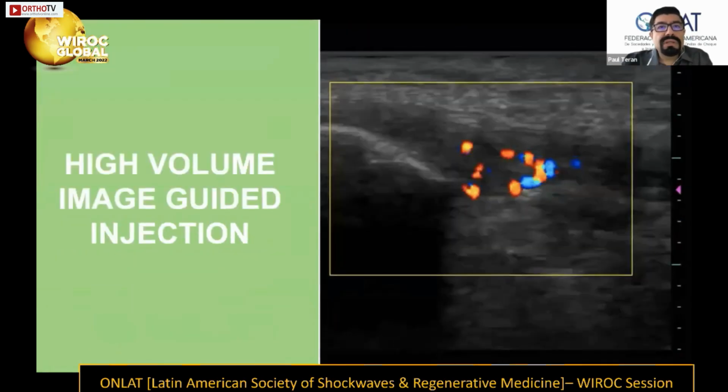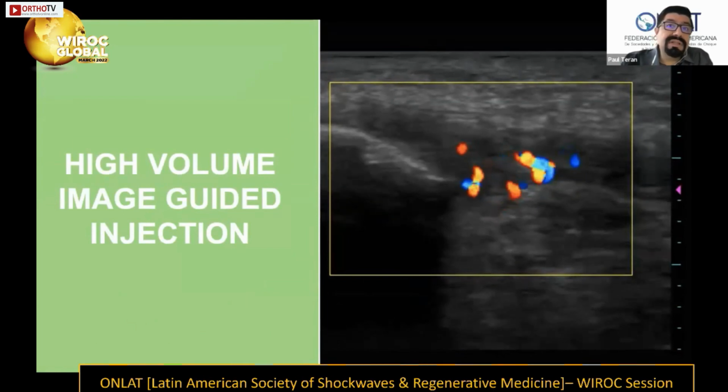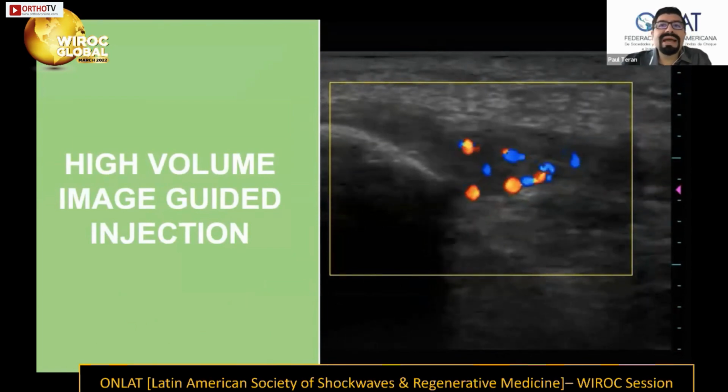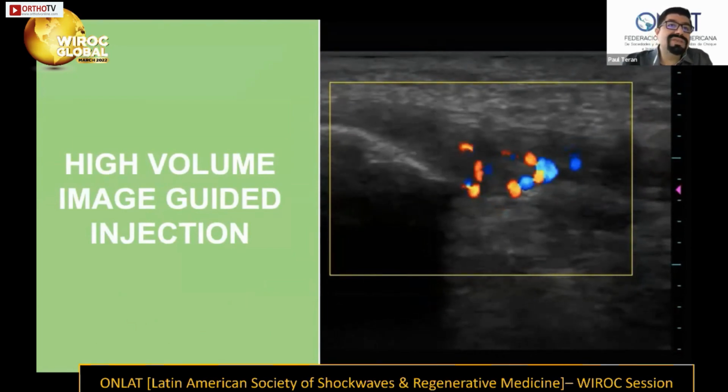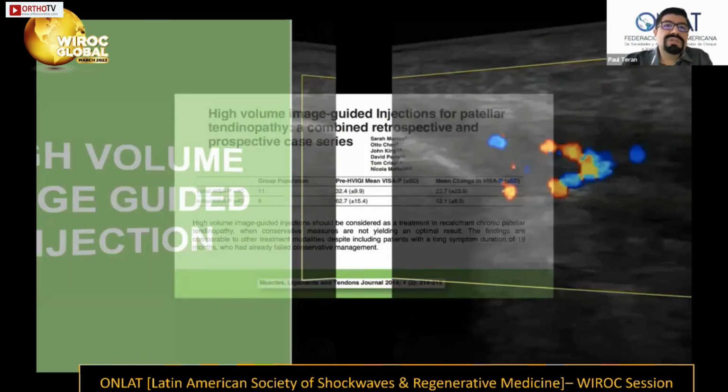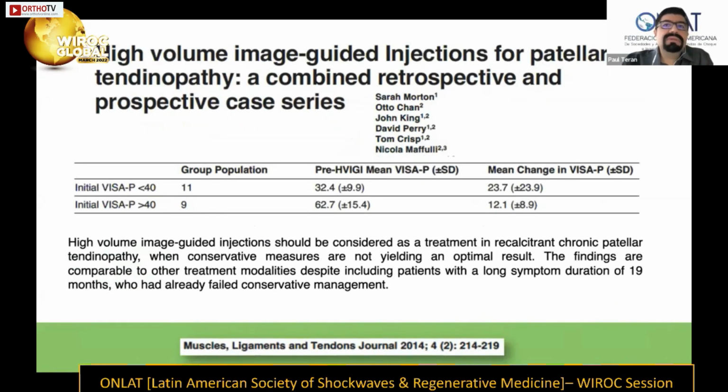We have worked together or after the application of shock waves with a high volume image-guided injection, which has been shown to be a complementary method to improve the function and pathology of chronic patellar tendinopathies.